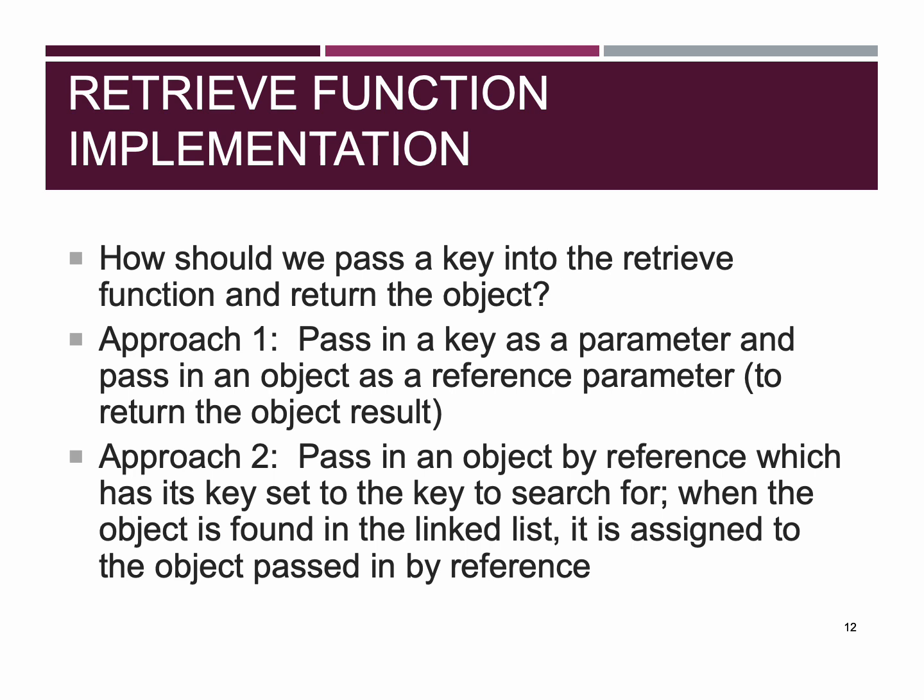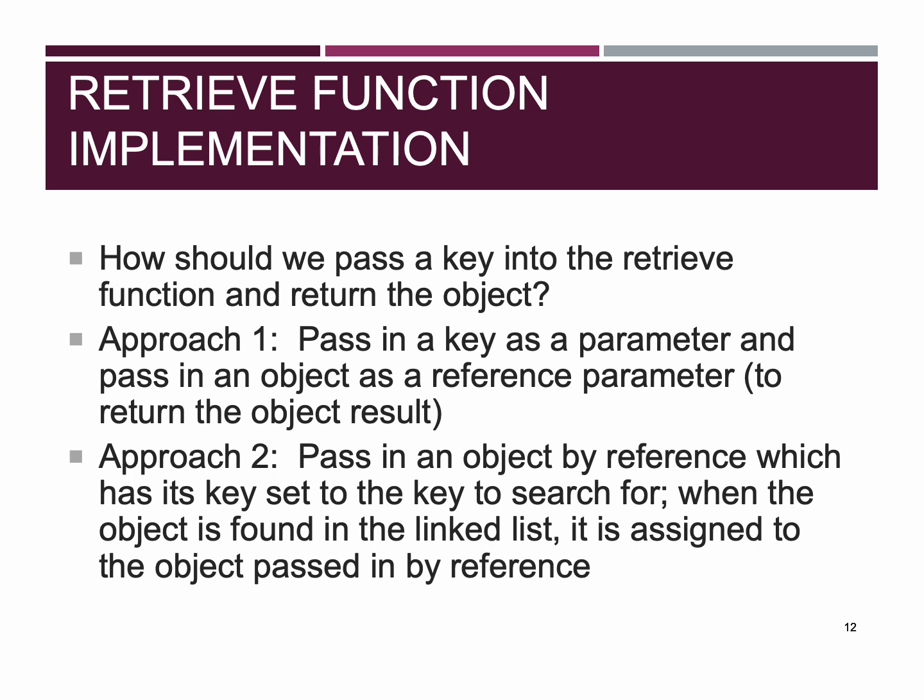The reference parameter allows us to modify the object directly and return the result of our search in the object passed by reference. In the second approach, we pass the object itself by reference with its key already set to the value we are searching for.